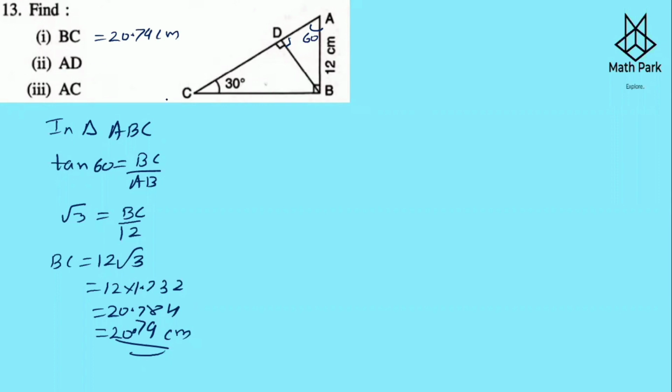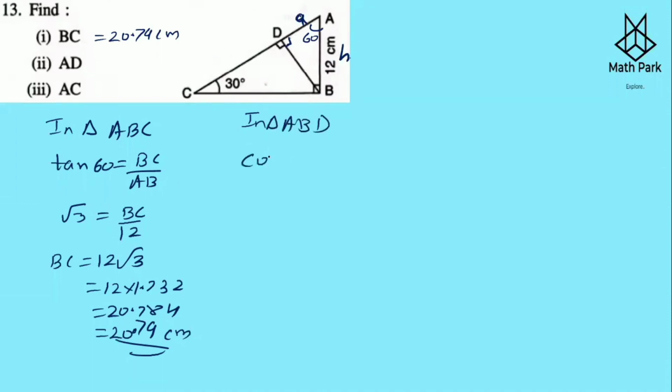So we have AD now. For finding AD, we will be using again the triangle ABD where AD is the adjacent side and this is the hypotenuse. This is 90 degrees. So this is hypotenuse and this is adjacent side to AD. So in triangle ABD, we will use adjacent and hypotenuse.